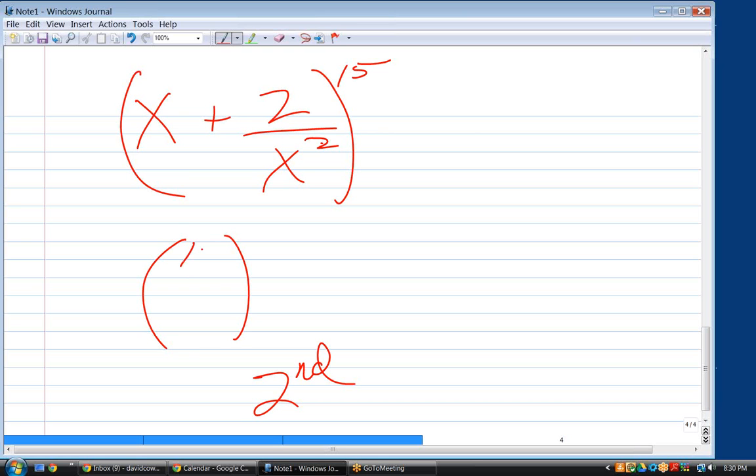It would be 15 choose 1, times x to the 14th, times 2 over x squared to the first. Notice that produces an x to the 12th.